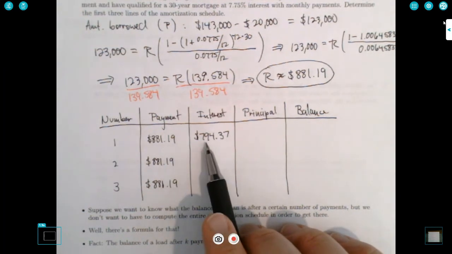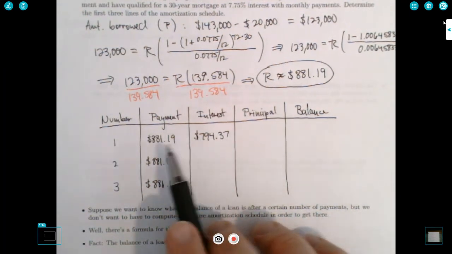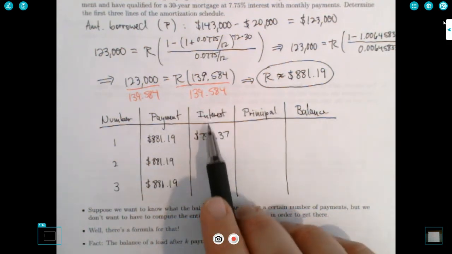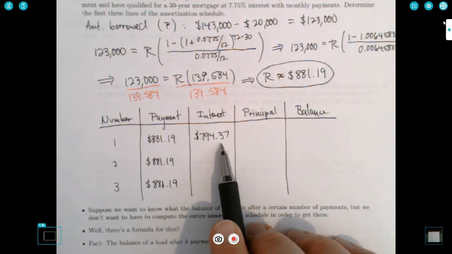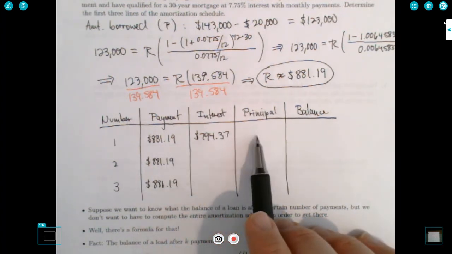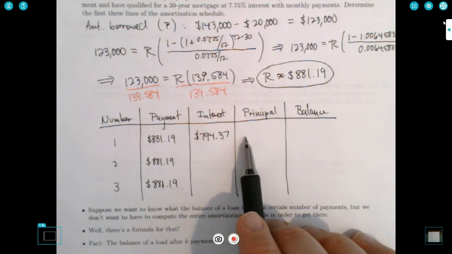Okay, so this is the amount of their payment that's going toward paying off interest. So notice that most of their payment is just going towards paying off interest, which is horrible, right? But some of the payment does go towards the principal.